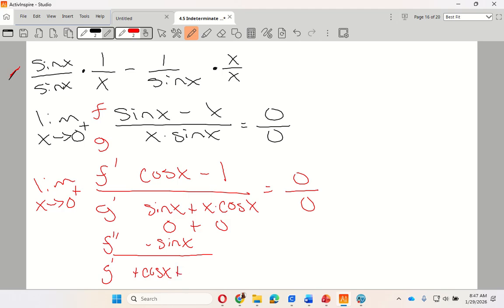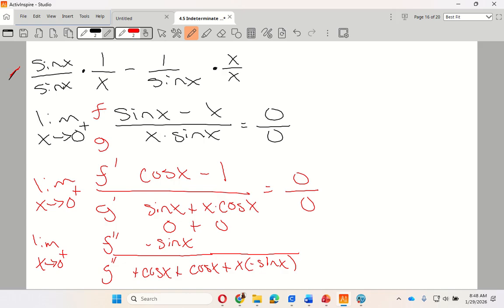That's a product rule, which is going to be cosine x plus x negative sine x. I'm sorry, this is double prime. And now I'm taking the limit as x approaches 0 from the right.